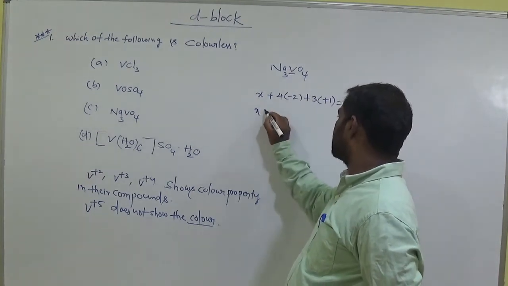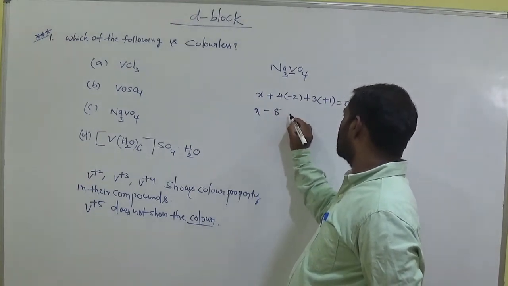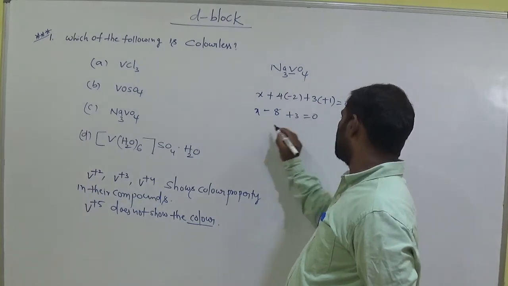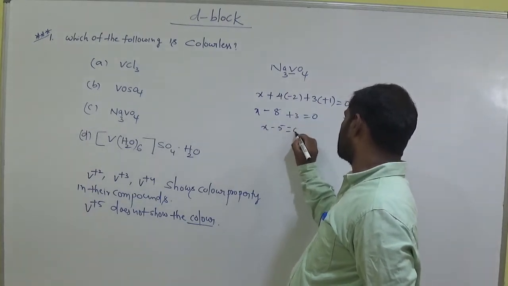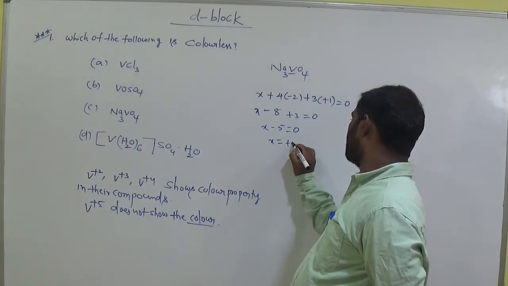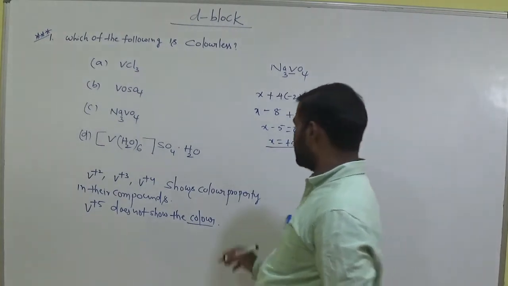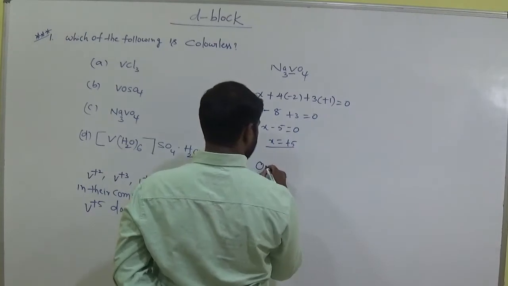Then X, 4 into -2, then +3 equals 0. X minus 5 equals 0. X equals +5.